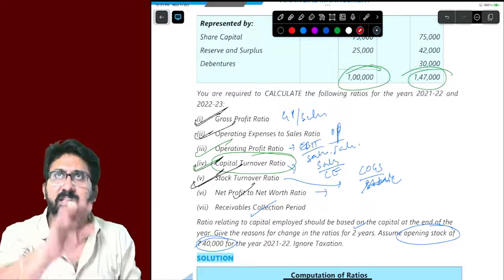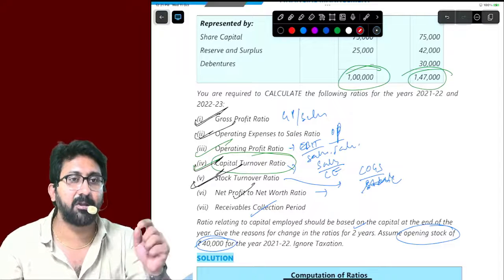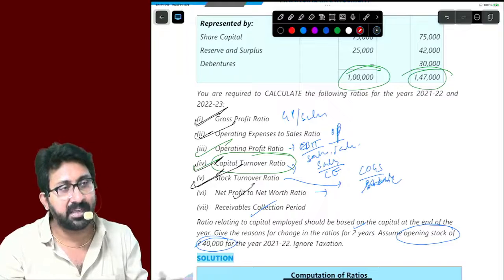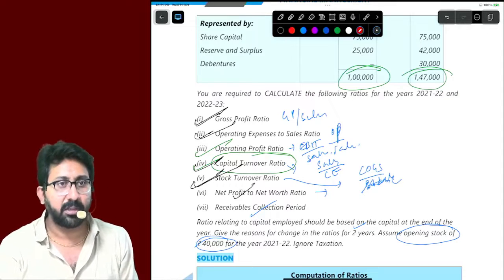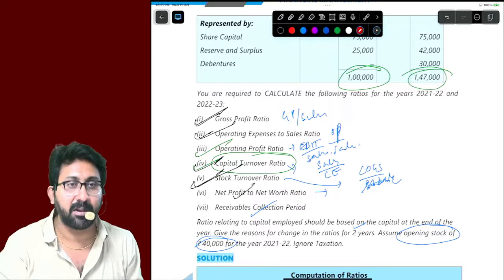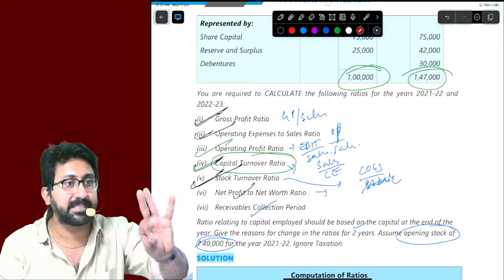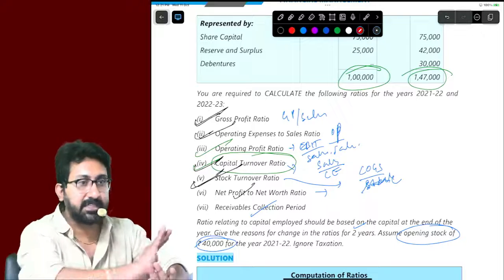Therefore we are not doing anything, directly we are doing it. But in technical terms, net profit means EBIT or EAT? EAT belongs to whom? Equity shareholders. Therefore, in the net worth formula, we should consider only equity share capital plus reserves and surplus. Debentures should not be considered.